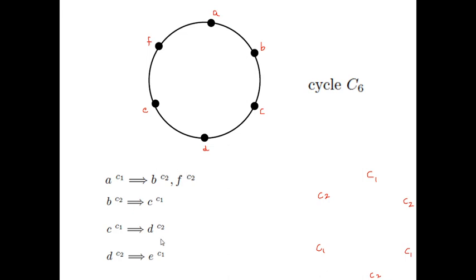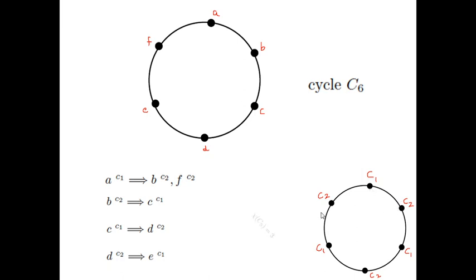So how many colors are needed for this graph? Only 2 colors, that is C1 and C2. You can see C1, C2, C1, C2, again C1, C2. No adjacent vertices have the same color.